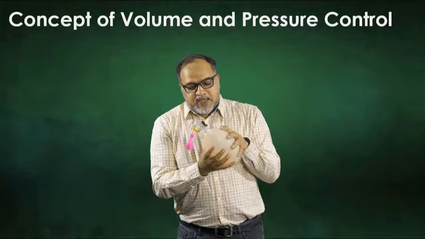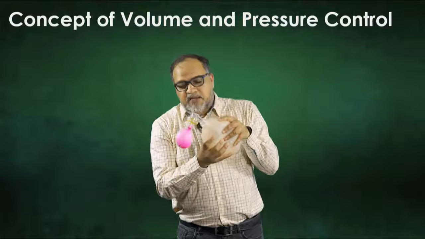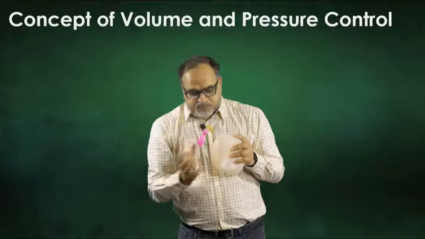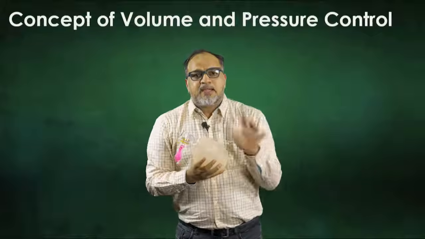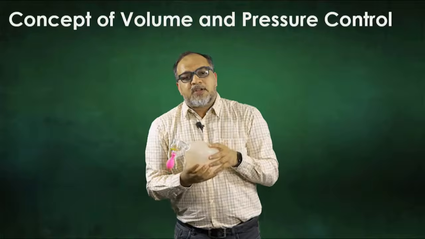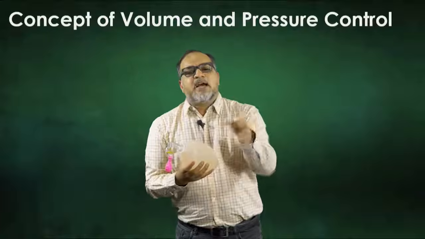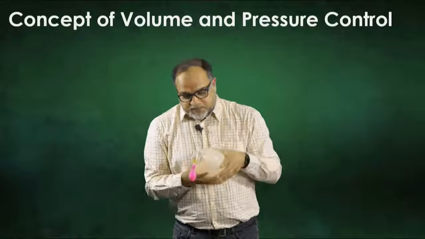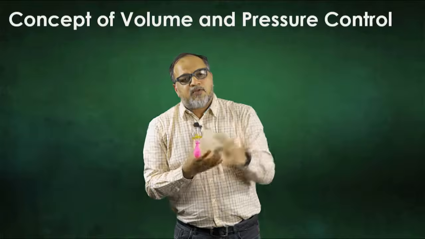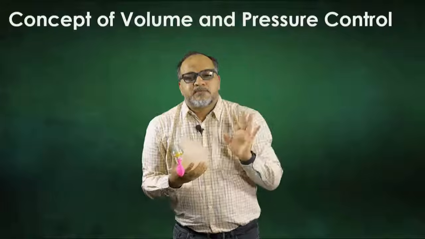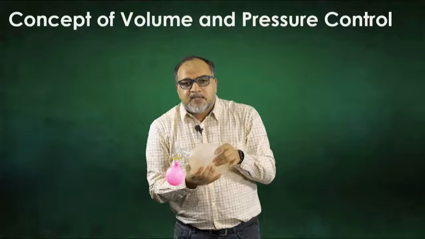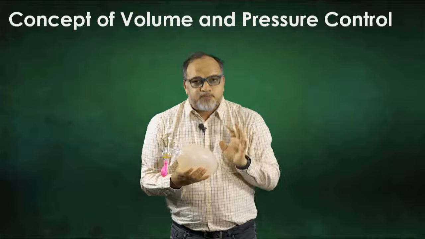Now, either I can decide that I will give 500 milliliters of air irrespective of what pressure goes into the lungs, or I can decide that the pressure in the lungs will not go more than 30. Whatever tidal volume goes, I'll accept it. I'll repeat. I will push in 500 ml of tidal volume, whatever pressure generates, it's the patient's fate. Or I will not let the pressure rise above 30, whatever the tidal volume.